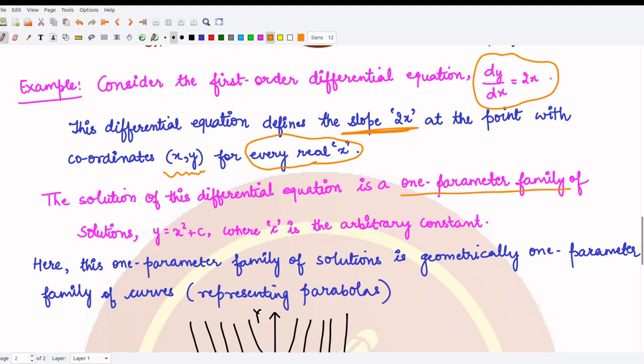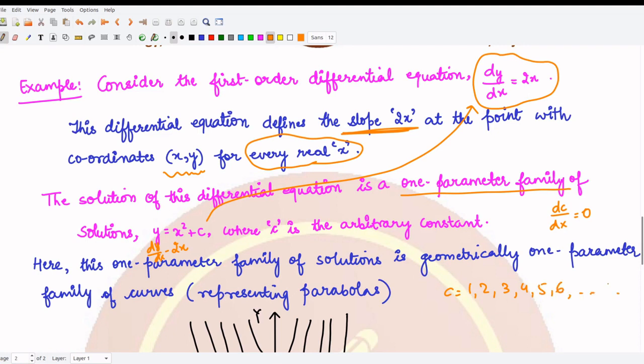Once you differentiate this solution, or substitute it into your differential equation, you get dy by dx is equal to 2x only. Why? Because c is a constant, so dc upon dx is equal to 0. So it satisfies your differential equation, and you can take the value of c as anything: 1, 2, 3, 4, 5, 6 and so on.